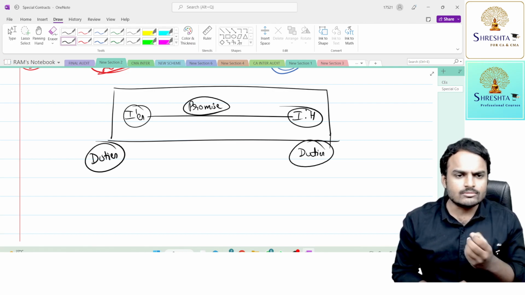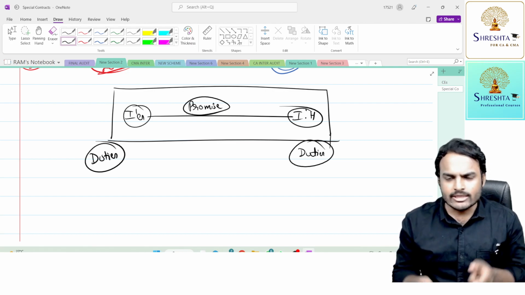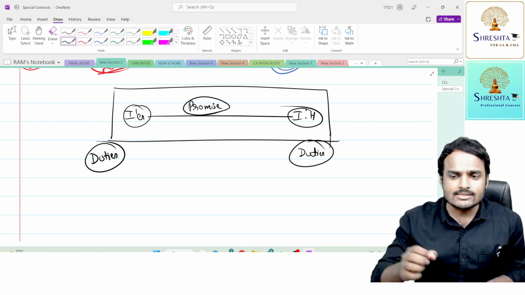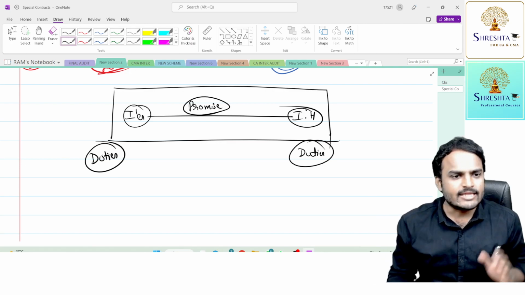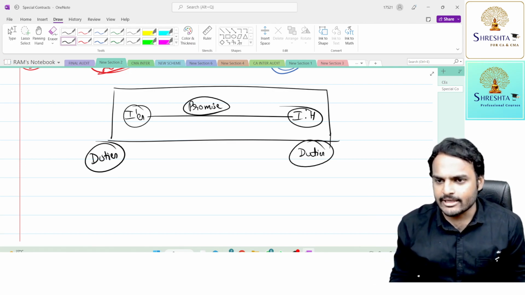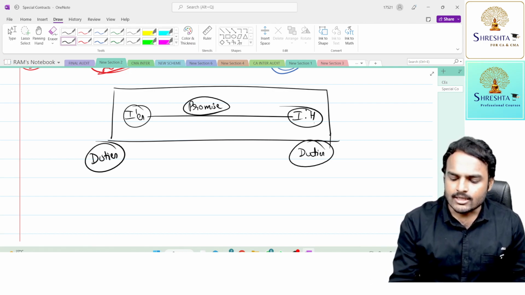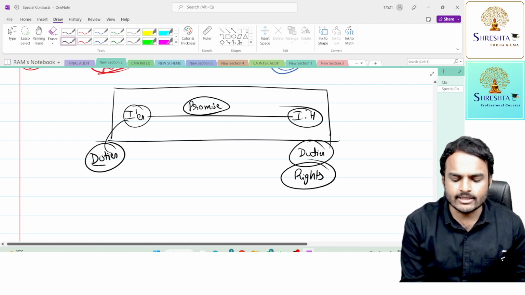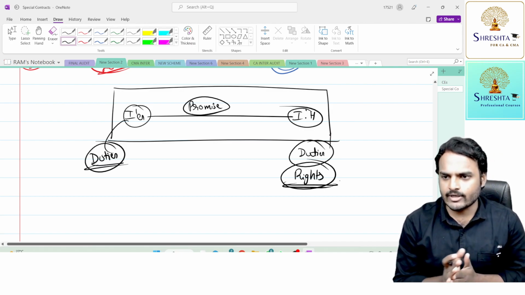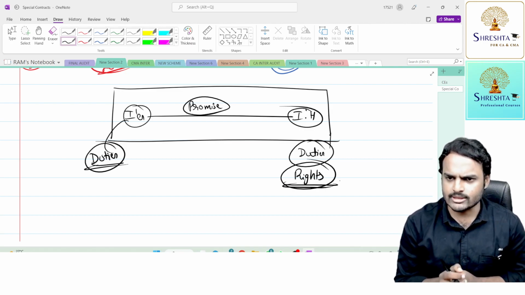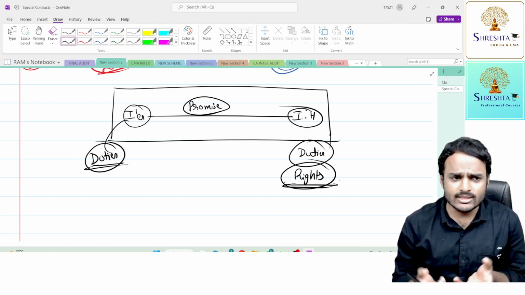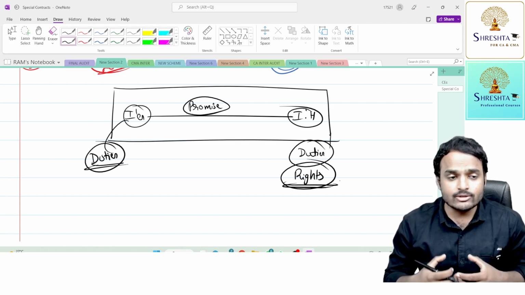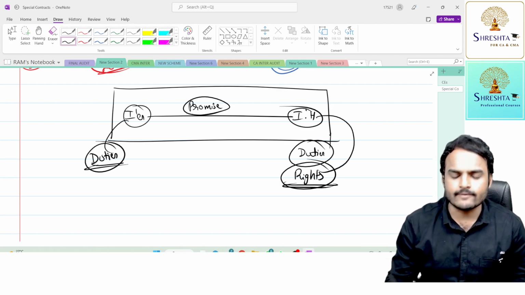But once the triggering point happens, what is the triggering point in the contract of indemnity? Loss. Once the indemnity holder incurs loss, then the indemnifier has to compensate the indemnity holder. So rights of the indemnity holder are nothing but duties of the indemnifier. Are you all getting my point, students? We need to discuss rights of the indemnity holder.